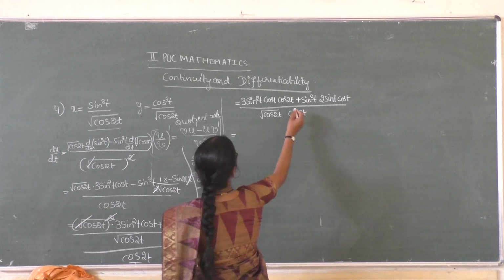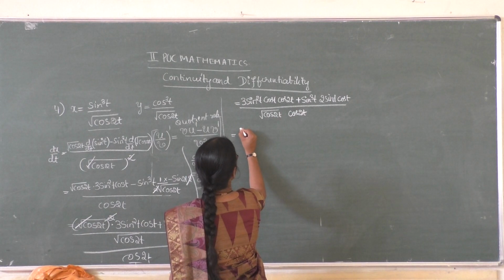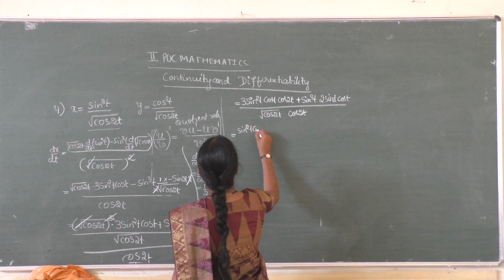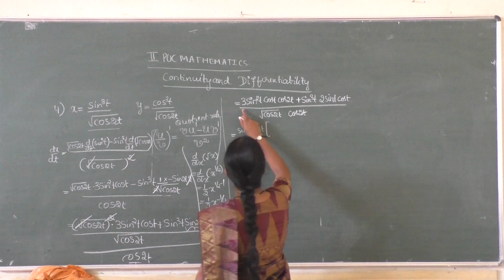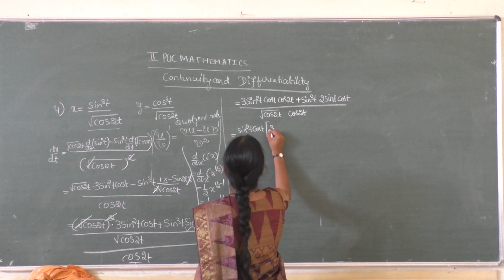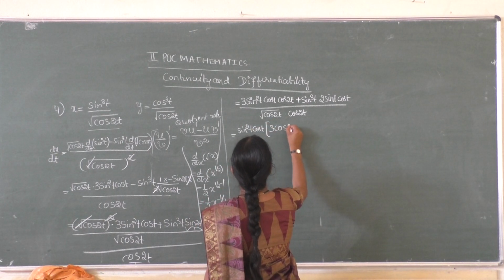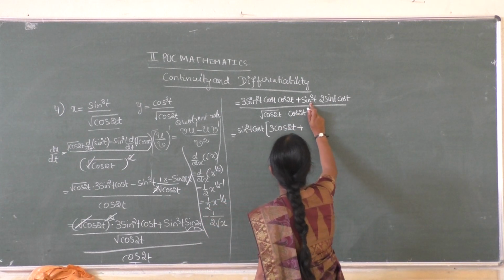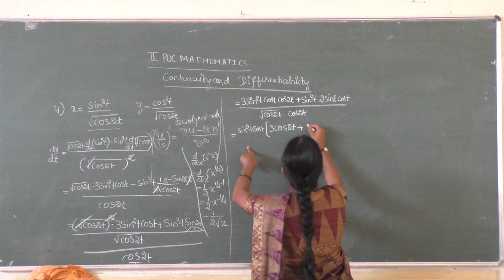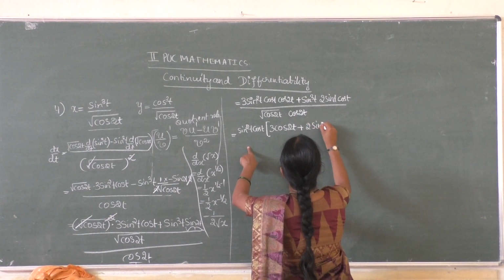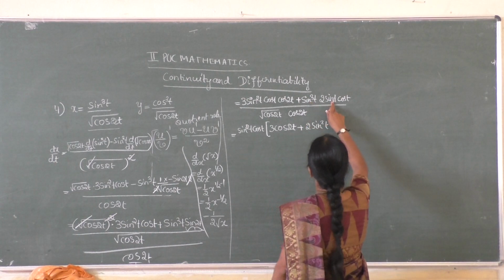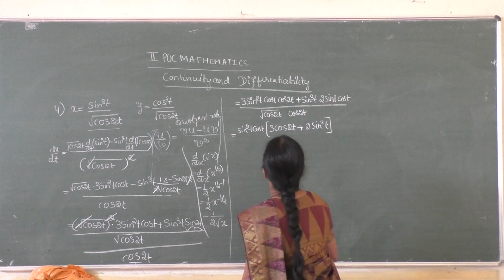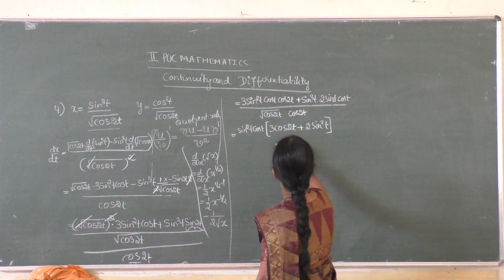So now what you do, you take sin square t into cos t common, then you get 3 cos 2t plus, here 1 sin square t you took common, so we are getting 2 sin square t. Clear? So 2 sin square t we get, okay.